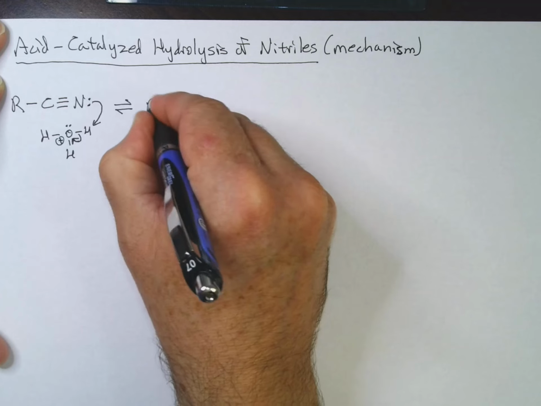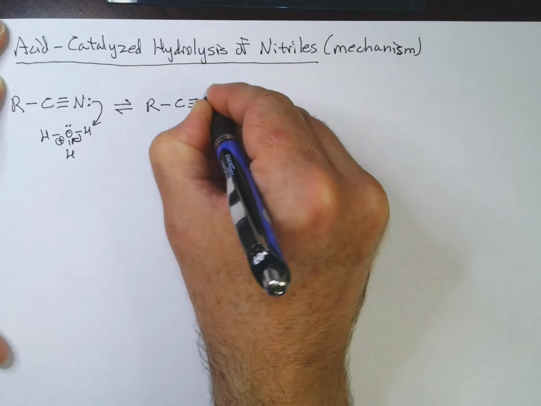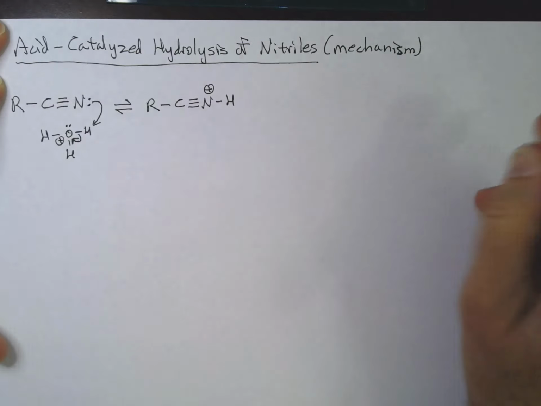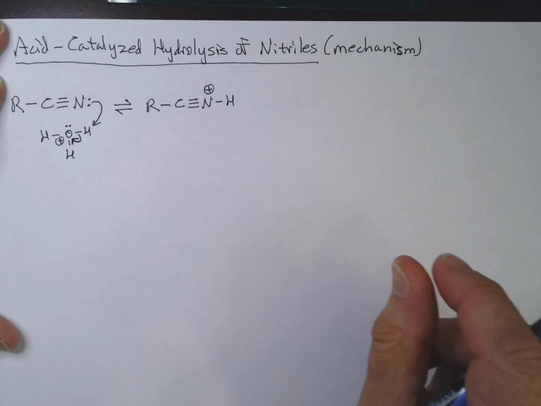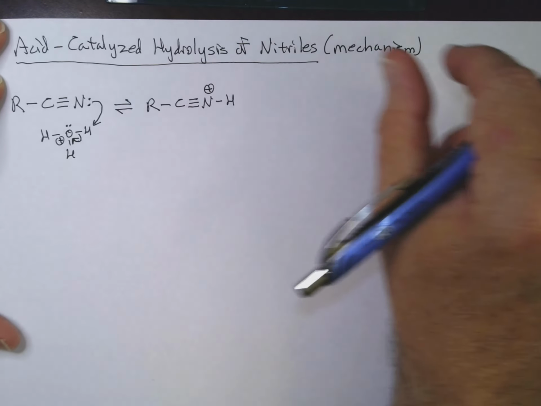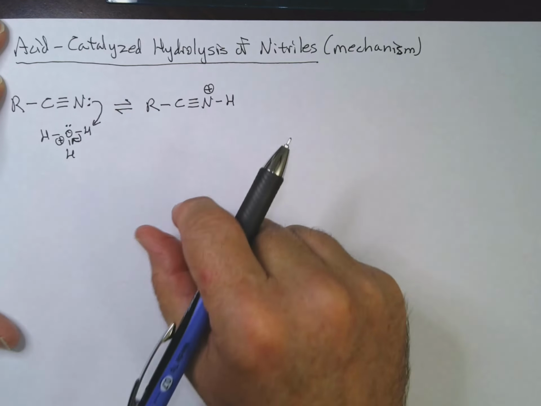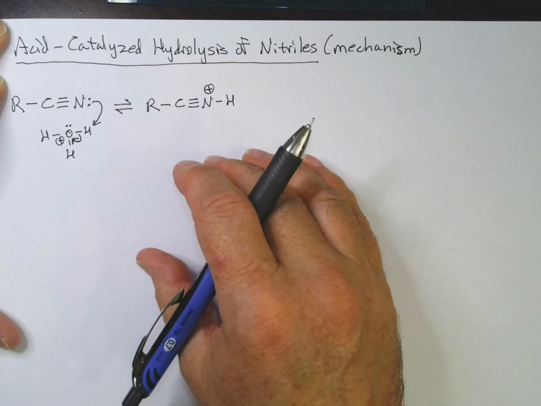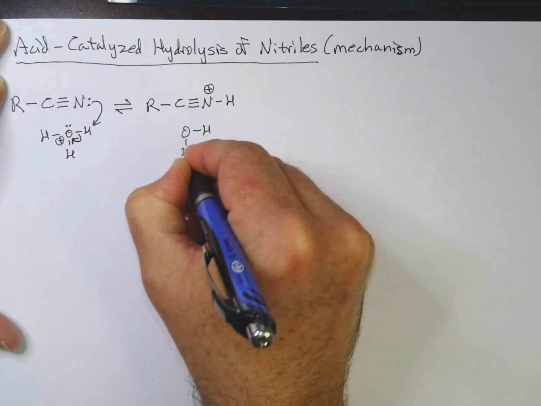The text shows some of the base-promoted hydrolysis of nitriles, and a little bit of that mechanism, so you can take a look at that if you want. But I wanted to go over the acid-catalyzed one with you guys.